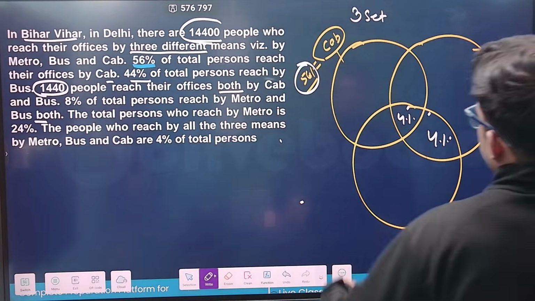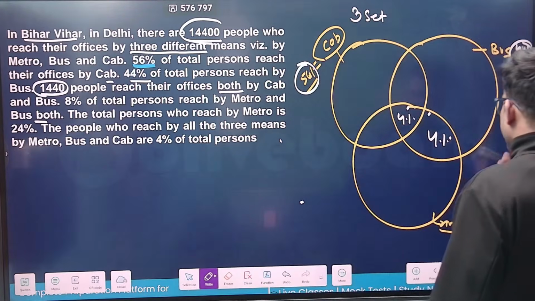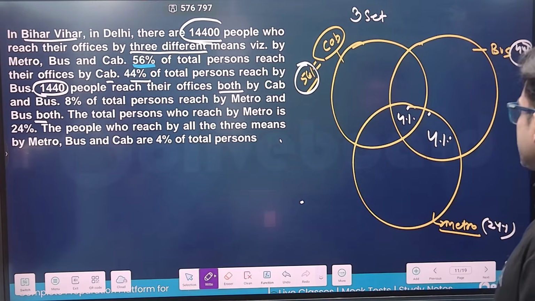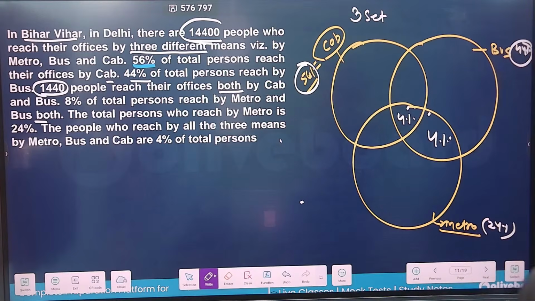This total is 56%, this is 44%, this is 24%, this already becomes 4%, means 8%, this is 24%. How will you go for it? Anyone? Try this, guys. Just waiting for you.